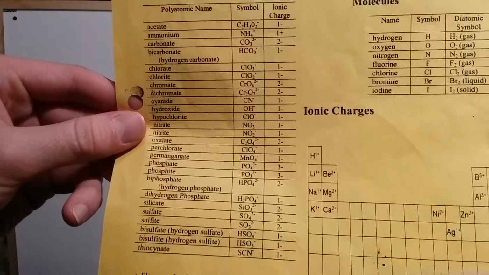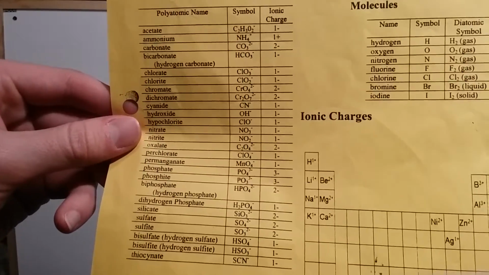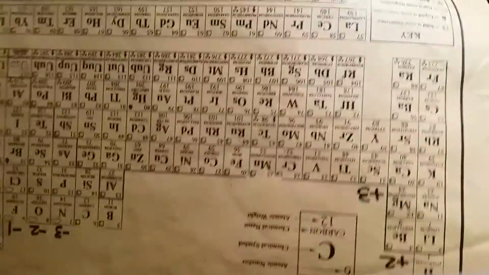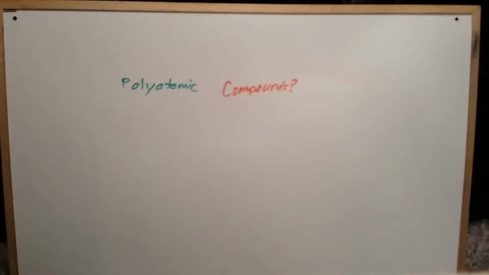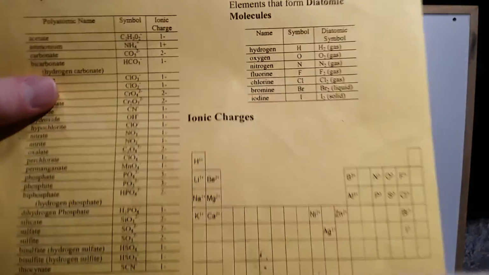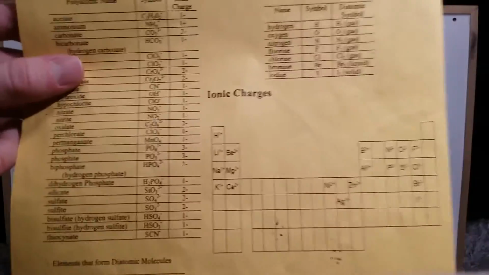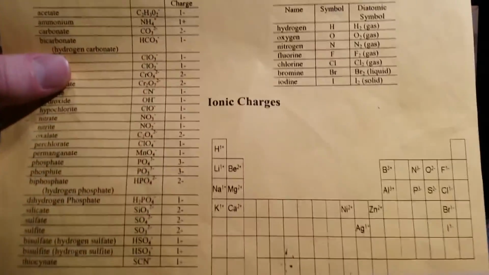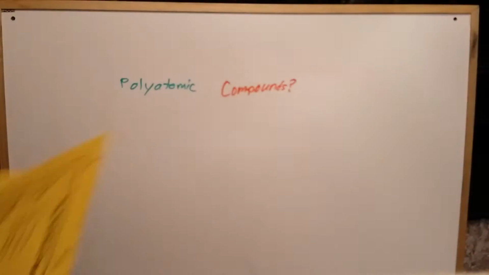If it's not on your periodic table, because I do have questions on these, then it's probably going to be a polyatomic, just to let you know for the questions. If you can find a cheat sheet of some sort, that'll be perfect. Use your cheat sheet and solve these questions for the polyatomic.